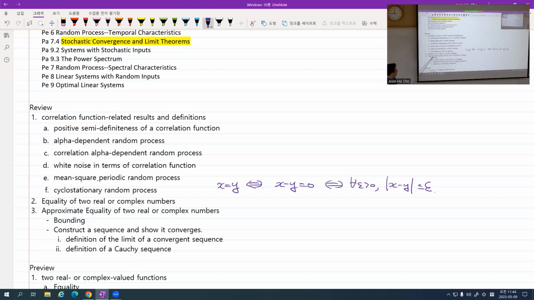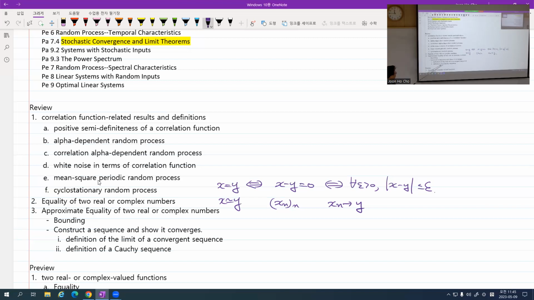If you have two numbers, x and y, and want to claim they are almost the same, you construct a sequence of real numbers converging to y. And of course, x can be a member of x_n for sufficiently large n. Got it? So this is our trick.